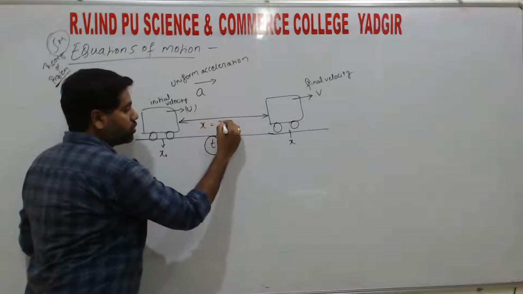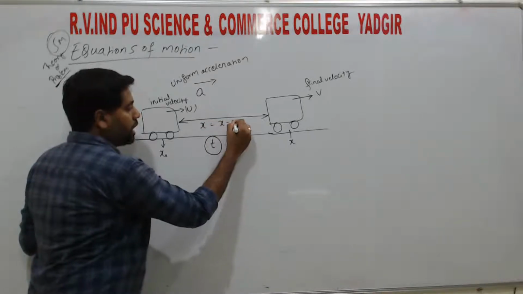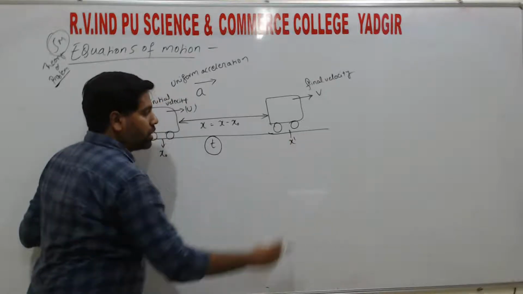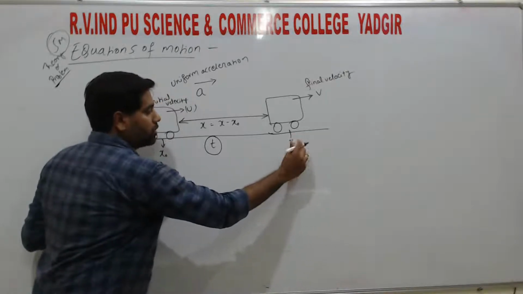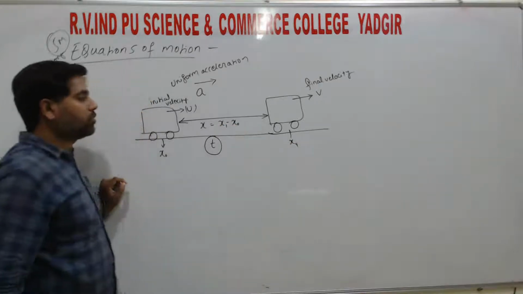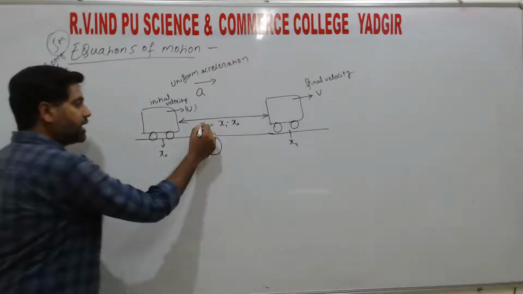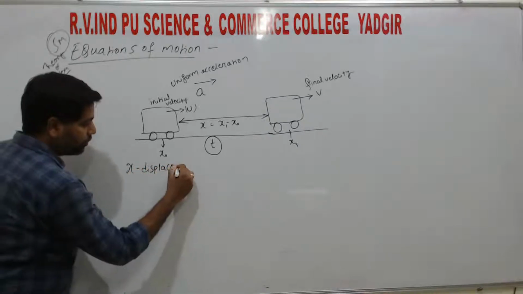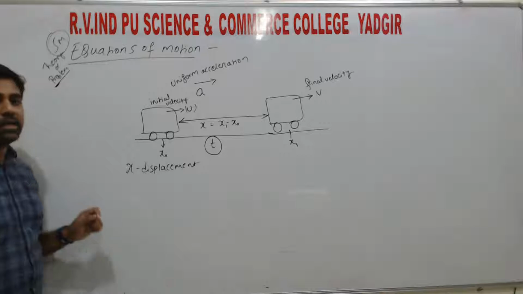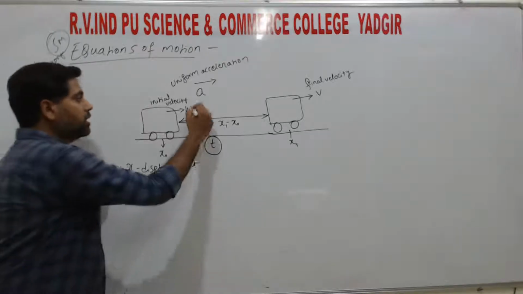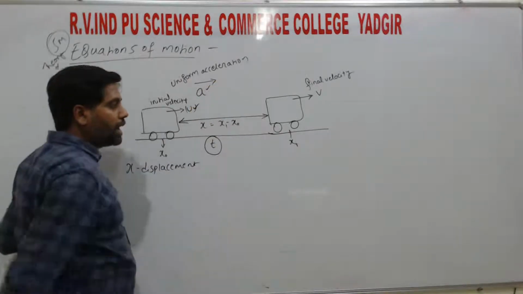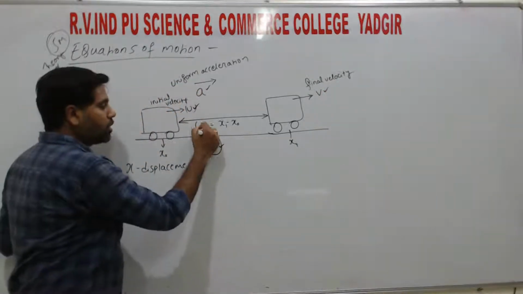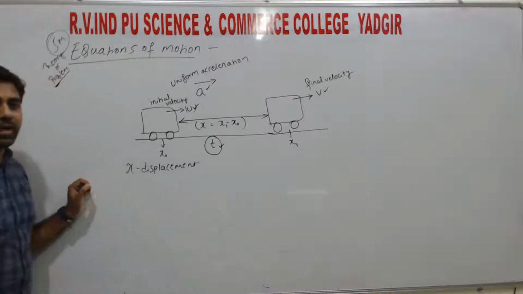So x is equal to x1 minus x0, where x is the displacement. So this is the consideration: we considered initial velocity, uniform acceleration, and final velocity. It takes time t to cover this distance x, right?